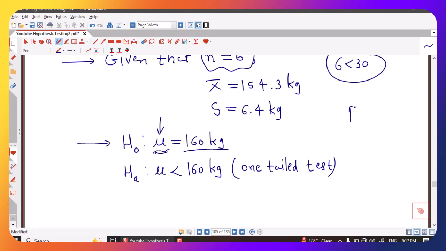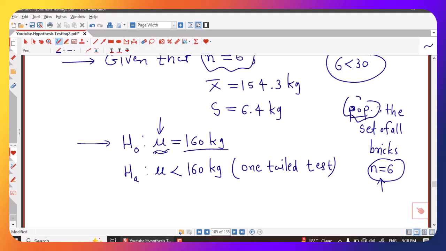Here our population is the set of all bricks produced by some company or agency, and from this population they have given this sample with 6 bricks. Sample size is 6 only.